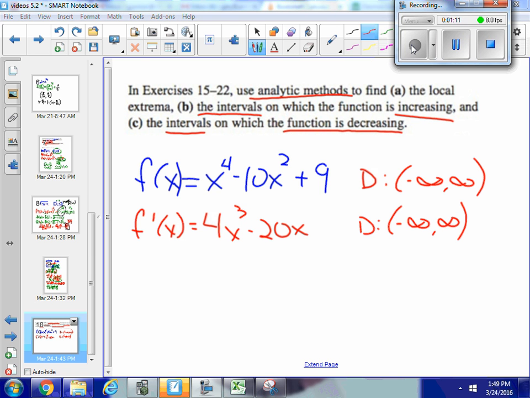So I'm only going to be able to change directions on my function at points where I have a minimum or a maximum, which are the points where f prime of x is equal to 0, critical and stationary points.